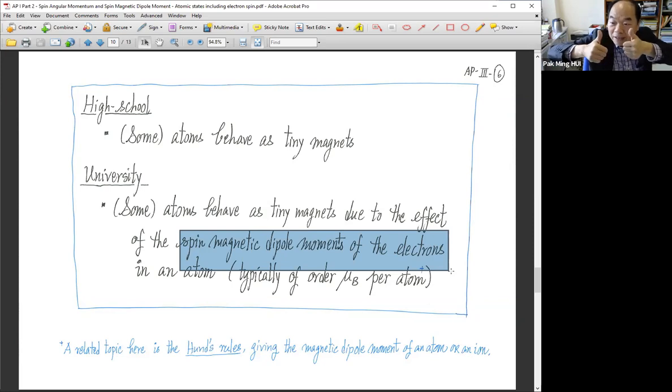By propagating this intention of alignment through the solid, all will align together in the same direction, and you have magnetic property. And that is the reason, okay? Very quantum mechanical in nature.